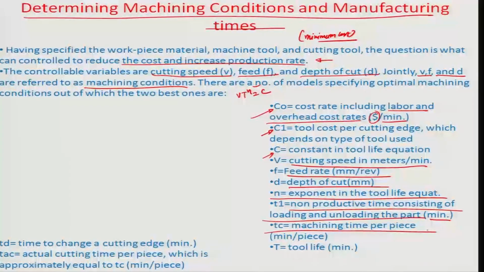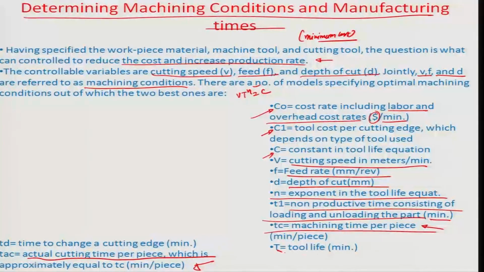The actual cutting time per piece may be slightly different than the machining time per piece, because in a CNC system this involves the absolute positioning at the point of machining and some displacement of the tool all the way to the start of the work, and therefore the TAC, actual cutting time per piece, may be slightly different than the Tc, but in all the cases that we will consider here, we will consider them to be similar. They are not very different, because all the controllers are designed to have almost minimum possible idle time, and that is how the path planning in the motion controllers is done.